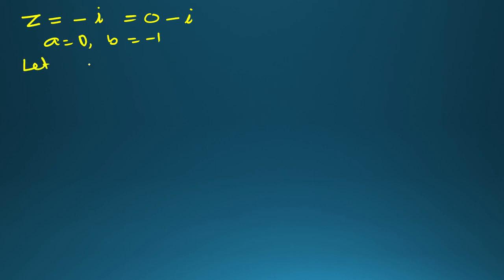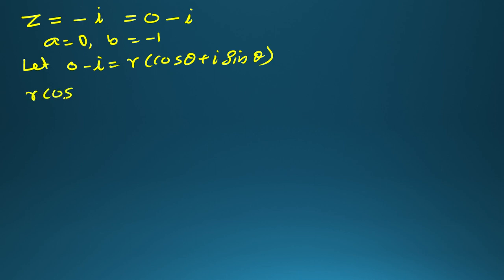So let 0 minus i is equal to r (cos theta plus i sin theta). Comparing real and imaginary parts, you will get r cos theta is equal to 0 and r sin theta is equal to minus 1.